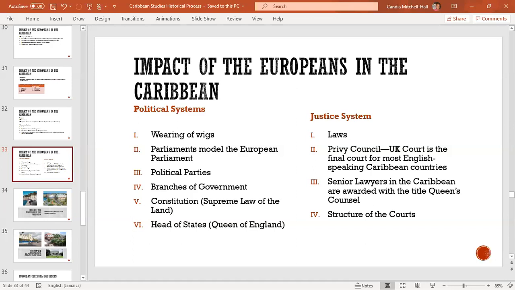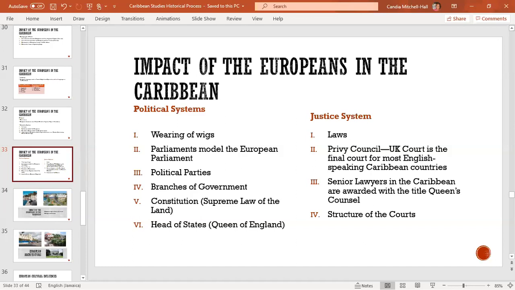And so if I need to appeal, for instance, I didn't like the decision of the Supreme Court or the Court of Appeal, I can go to the Privy Council in the UK and they can make a decision on my case.